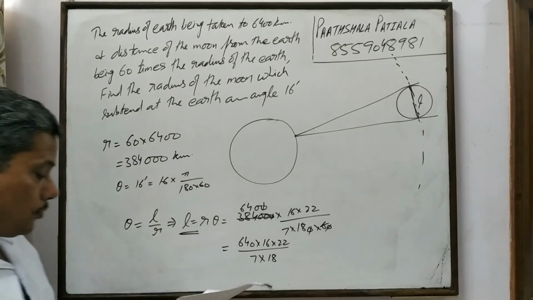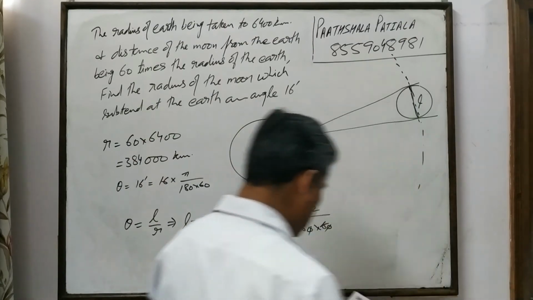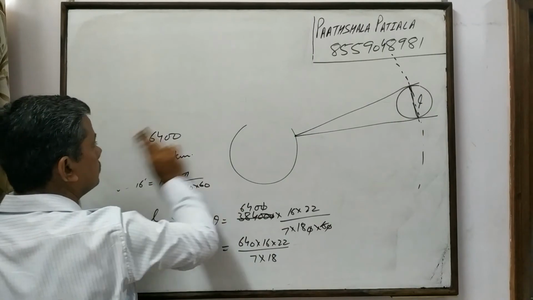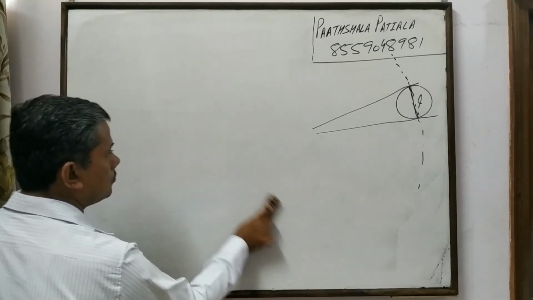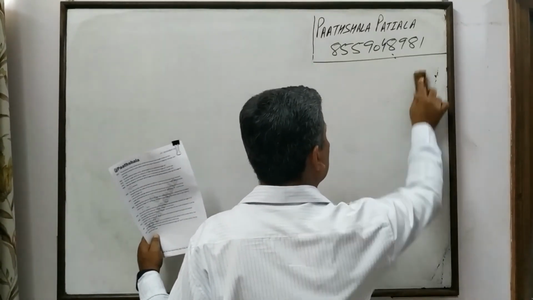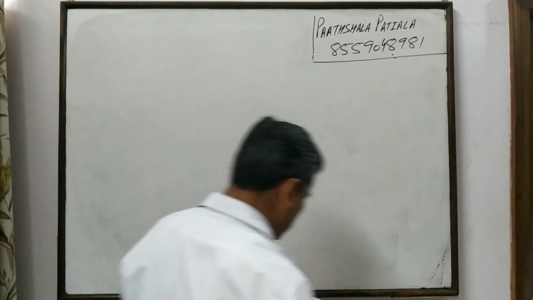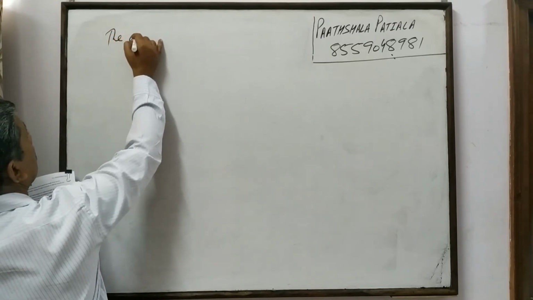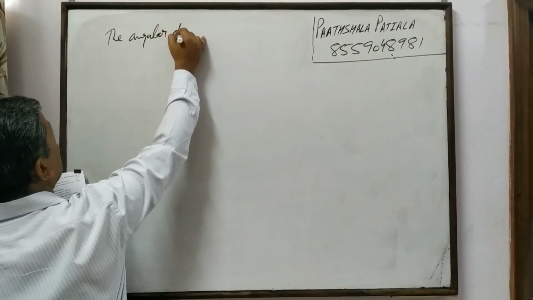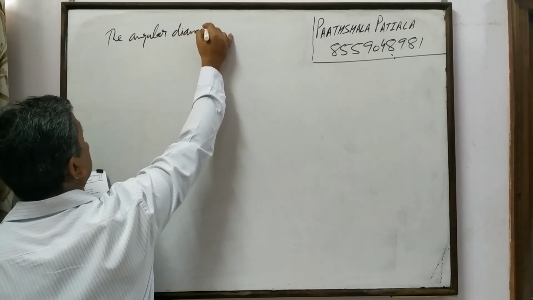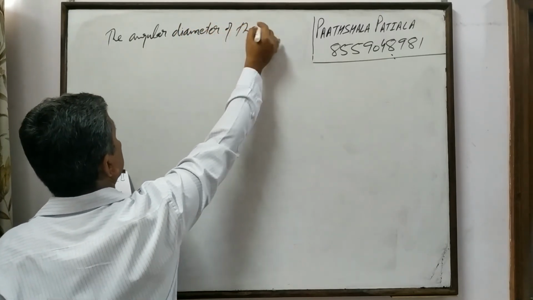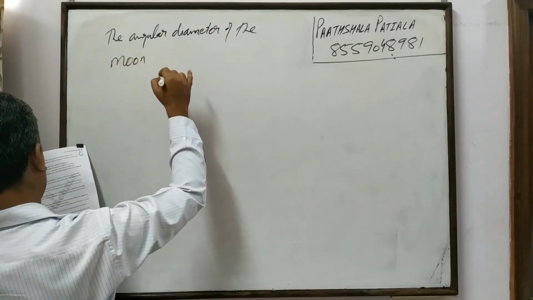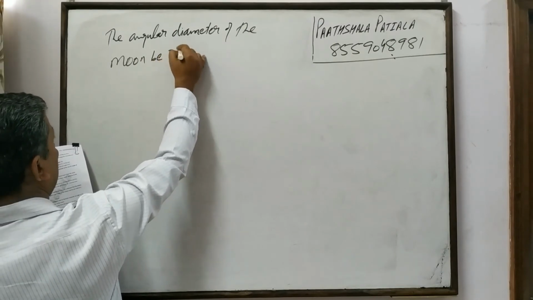Next is one more question. The angular diameter of the moon is 30 minutes.